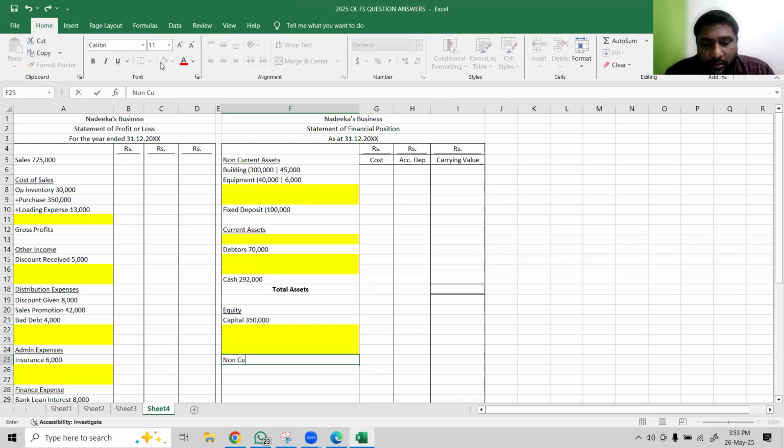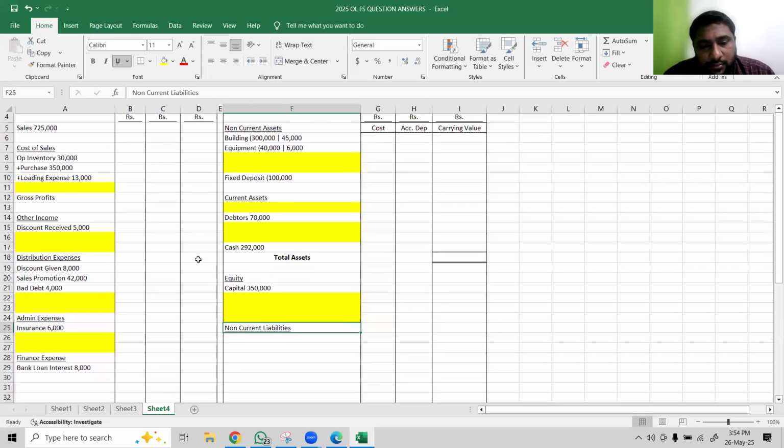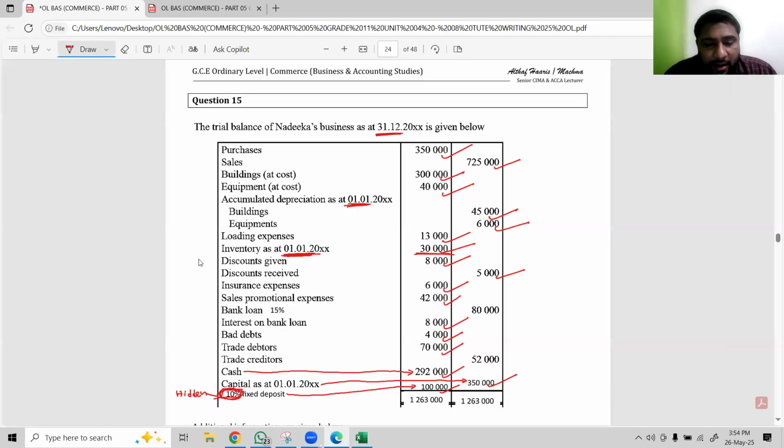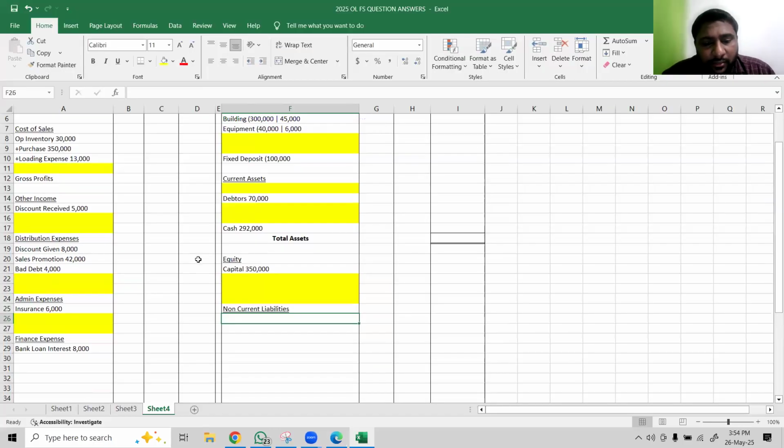Then we'll go to the non-current liabilities. We had a bank loan, but highlight and keep this 15%. It's a hidden adjustment. Bank loan 80,000.